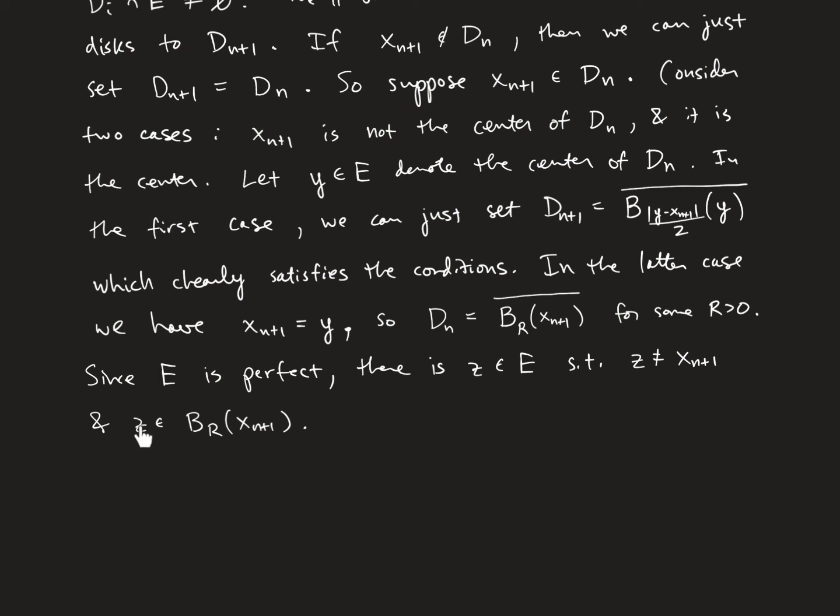Now we have two distinct points in an open ball, so I can find a closed ball inside this open ball which avoids xn plus 1.